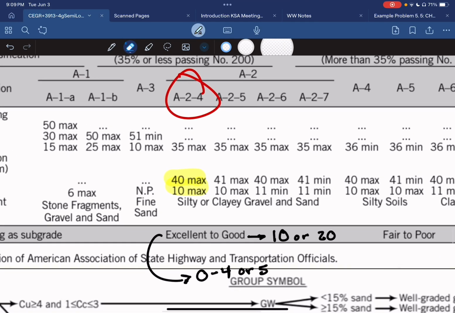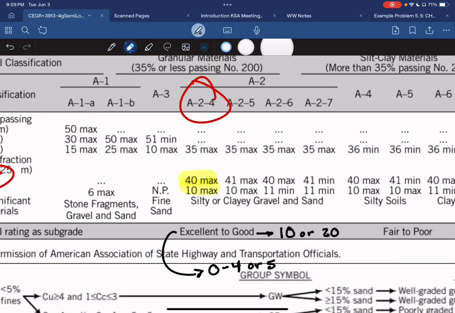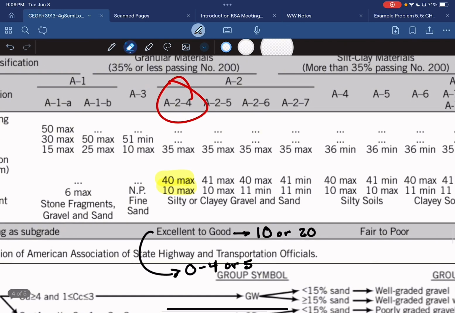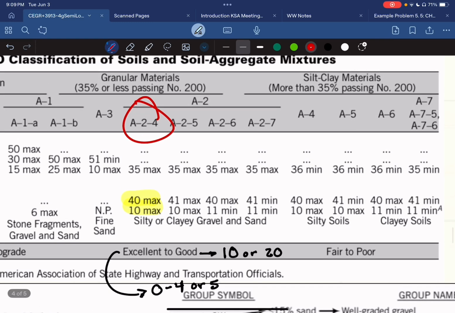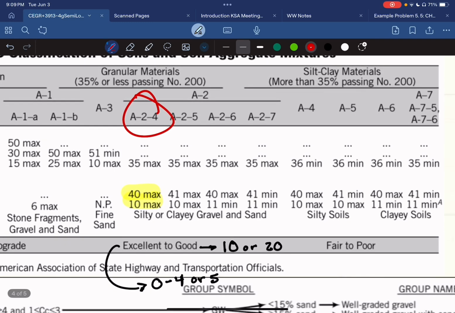It's important to note here also when you're doing the ratings for the soil that it can never be fair to poor or excellent to good; it can never be one or the other. It has to be excellent to good or fair to poor because you're dealing with different soils.